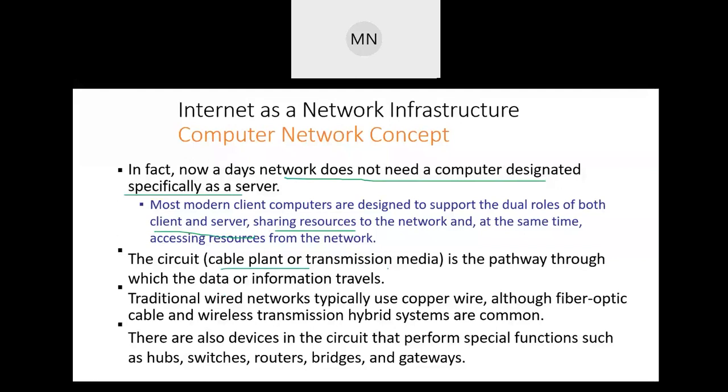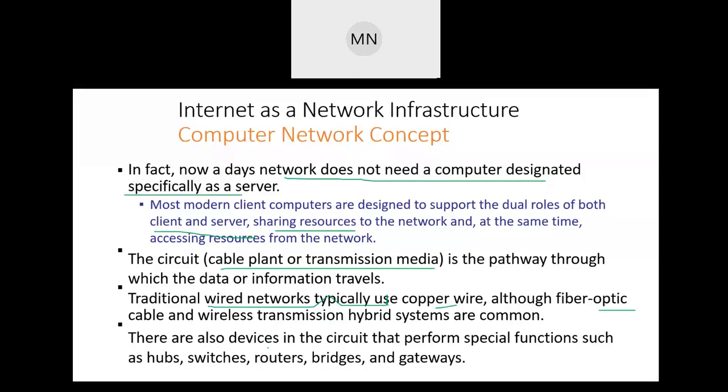The circuit, cable or plant, or transmission media, is the pathway through which the data or information travels. So in order to connect the systems, we have different kinds of media. One of them is wired networks, which typically use copper wires or fiber optic cables, and there is also wireless transmission, which allows us to perform the transmission.